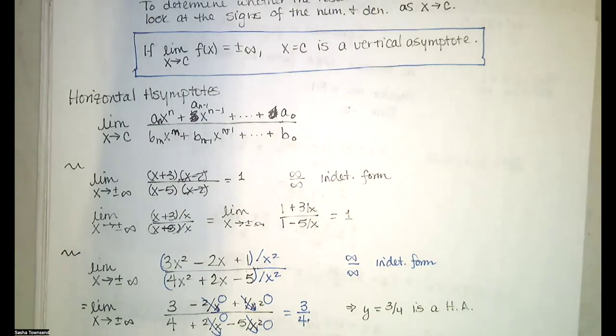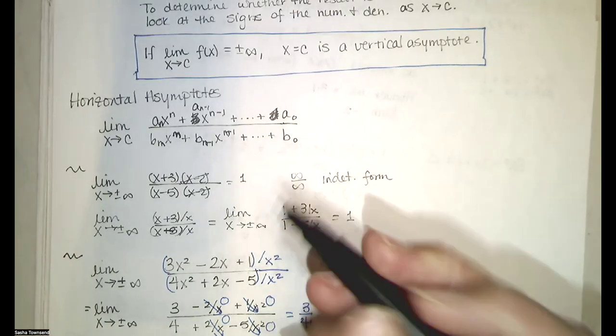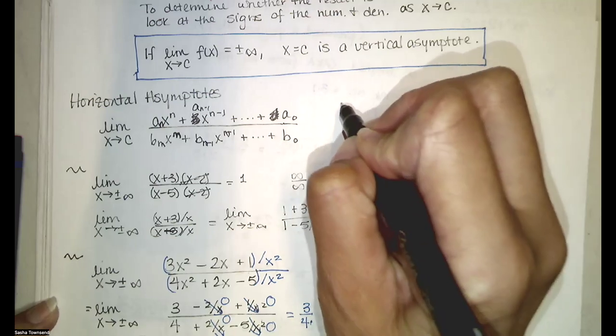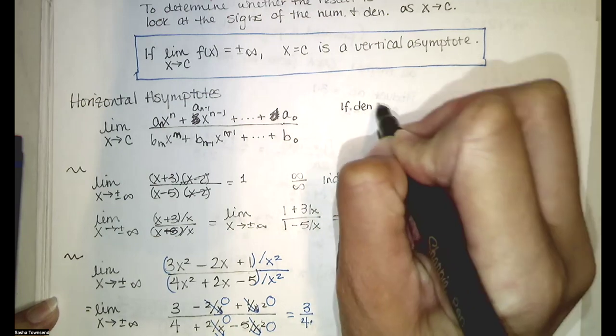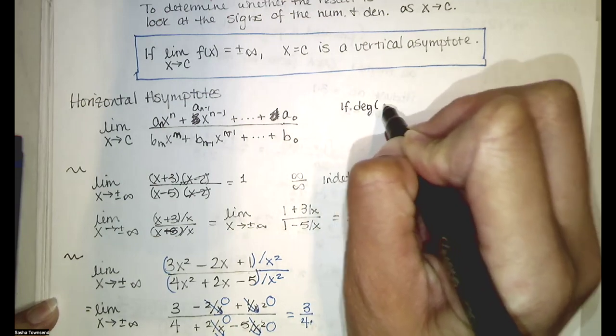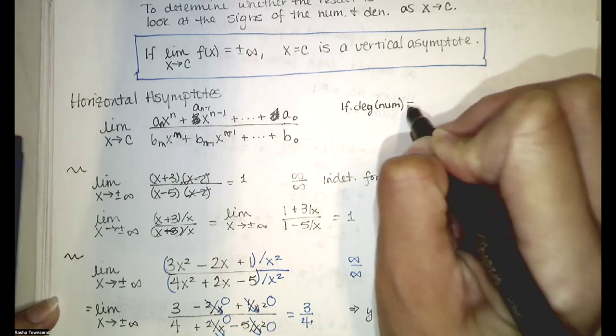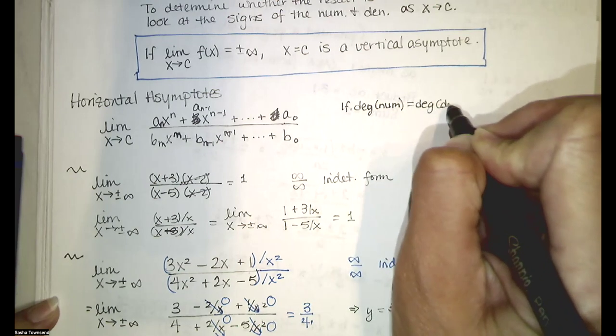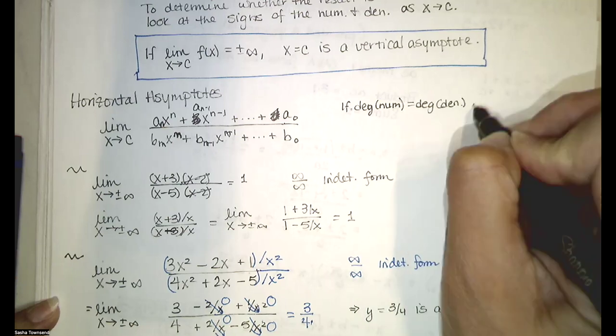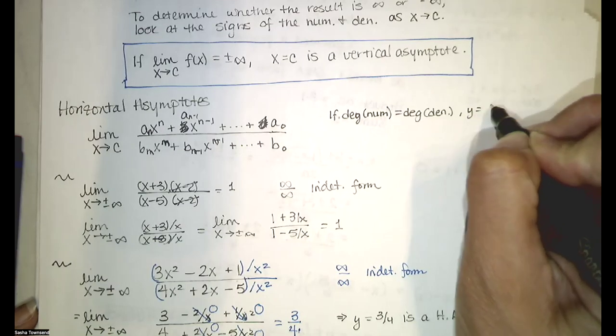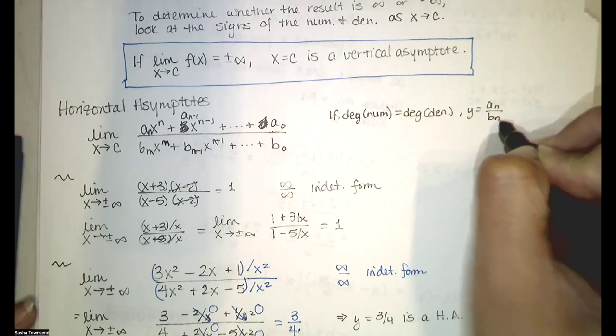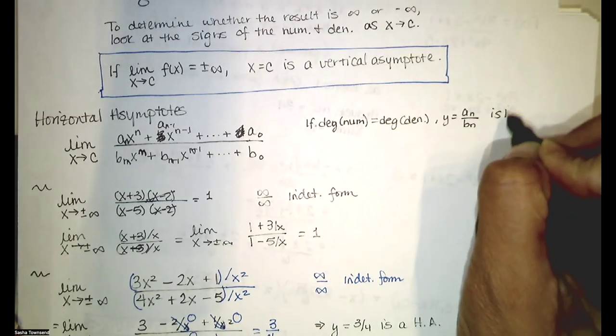So here's a summary of what we talked about with regard to horizontal asymptotes. If the degree of the numerator is equal to the degree of the denominator, then y equals a sub n divided by b sub n is a horizontal asymptote.